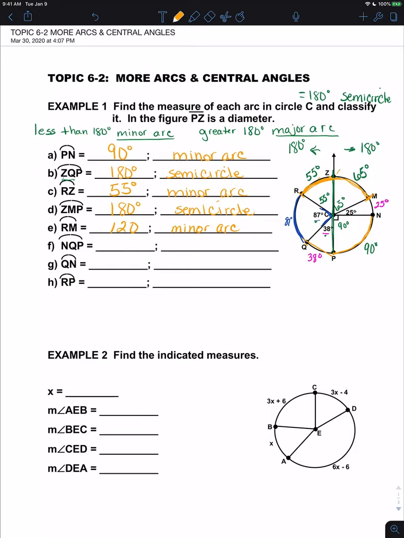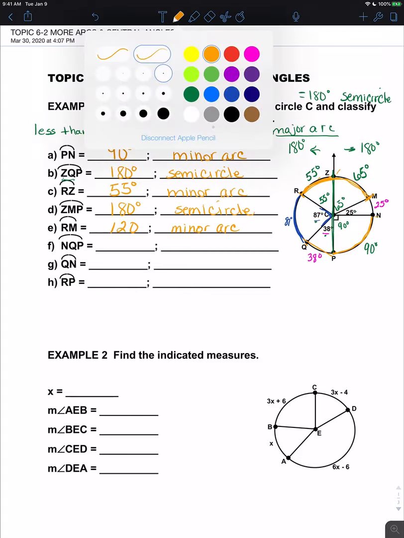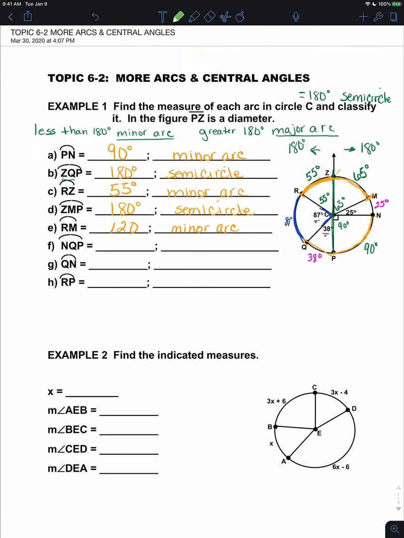Okay. Now, N, Q to P. So N going through Q, change colors here, N going through Q, whoop, the other way, sorry, messed that one up.